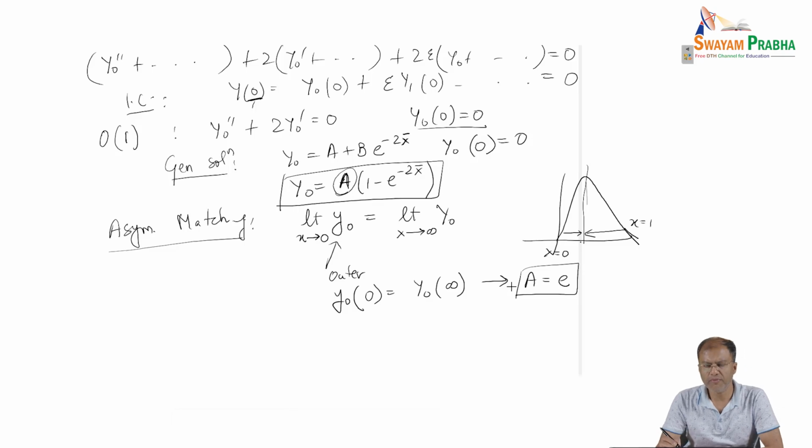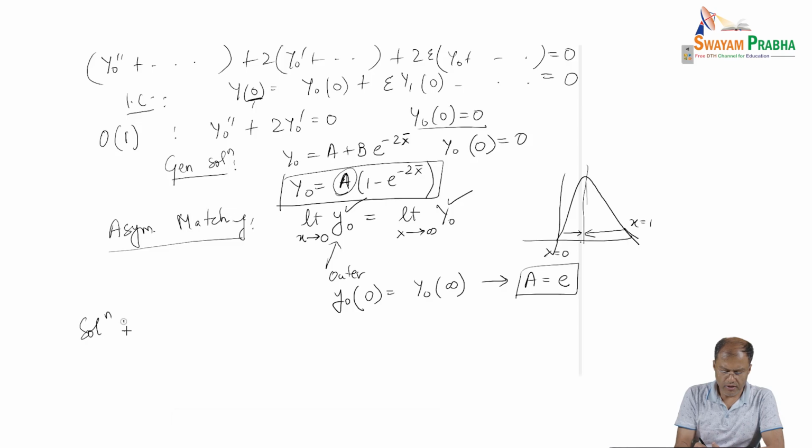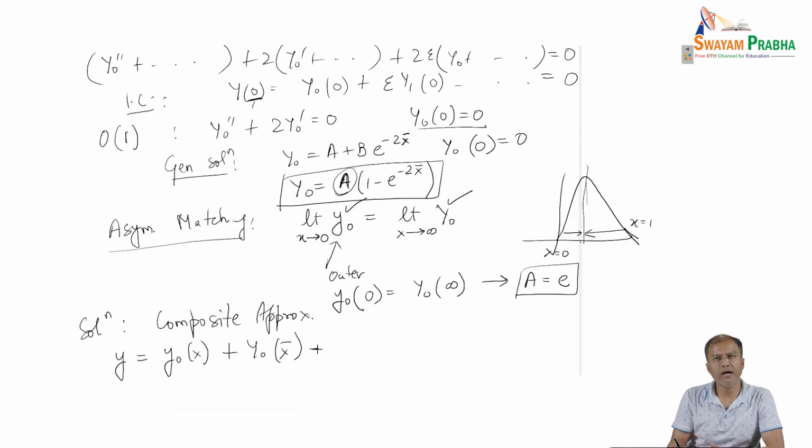Now we have found two solutions, one as the inner solution up to the leading order and one as the outer solution. So what is the net solution for the entire domain, inner plus outer? We will have to do a composite approximation, that is, our y has to be the sum of the outer solution plus the inner solution minus the double counting.